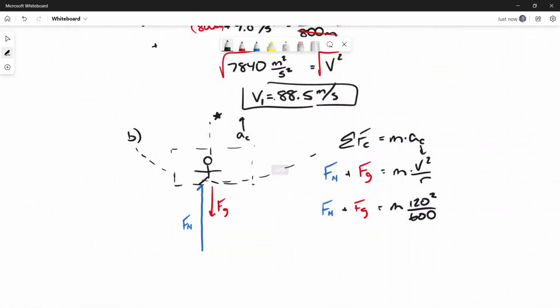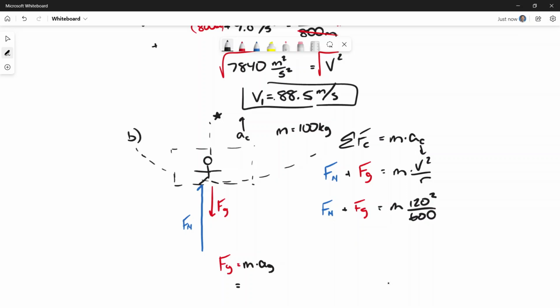It seems like we're missing a lot here, right? Well, what else do we know? We don't know the passenger's mass. The question would be, if there are multiple passengers, would they feel something different? Well, let's give our passenger a mass. Let's say this guy has a mass of 100 kilograms, a nice big astronaut. Let's plug in what we know then. Now we know what Fg is, right? Fg is always equal to the object's mass times the acceleration due to gravity.